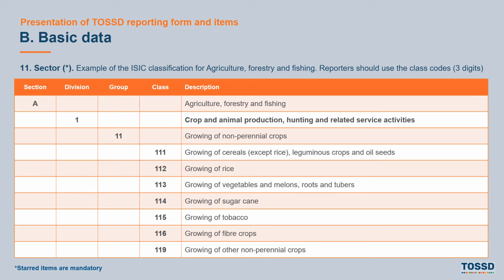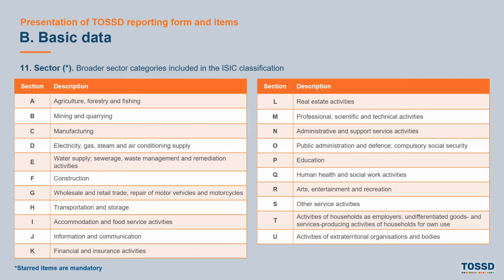Here you can see an example of a category included in the ISIC classification, the one related to agriculture, forestry, and fishing. Reporters should use the 3-digit class codes. Here you can see the broader sector categories included in the ISIC classification, for example, on mining, manufacturing, information and communication, education, real estate activities, etc.